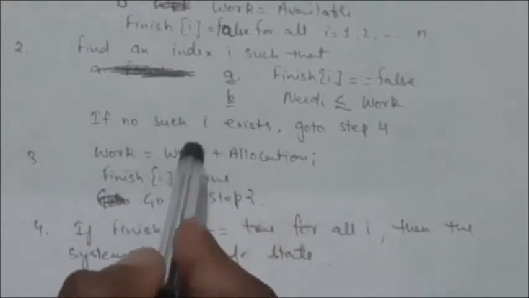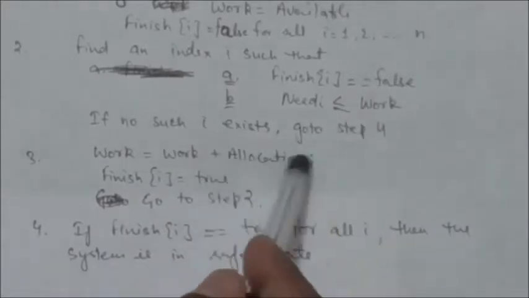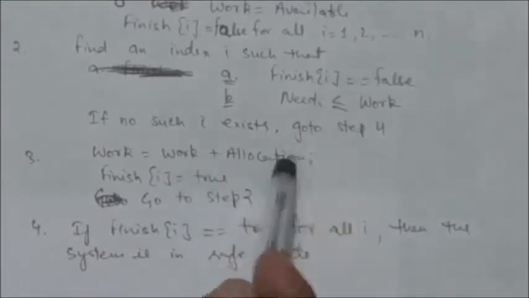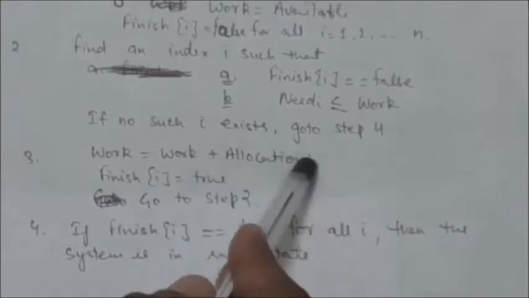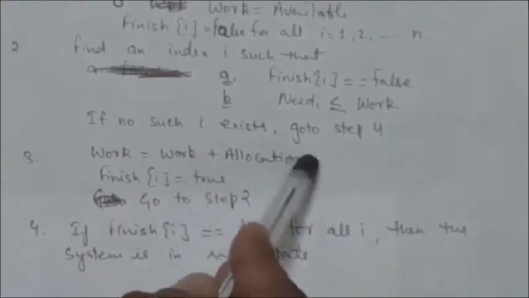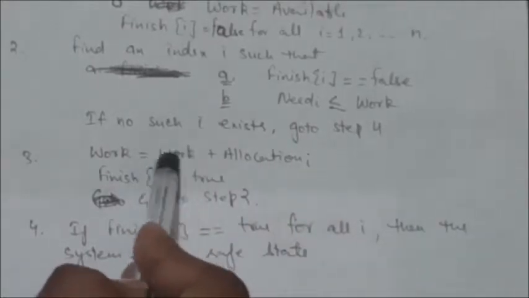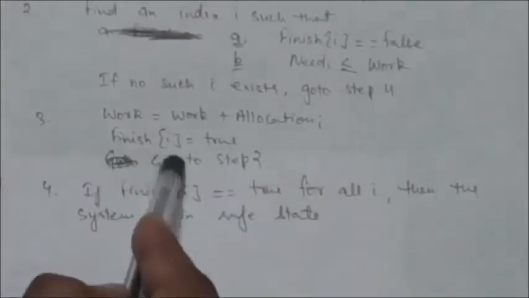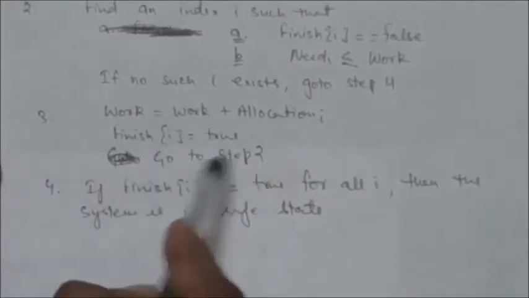Whatever resources are allocated to process Pi, meaning the ith row of the allocation matrix, is added to the work vector. And finish[i] is set to true. In the finish vector, the value at the ith index is set to true.